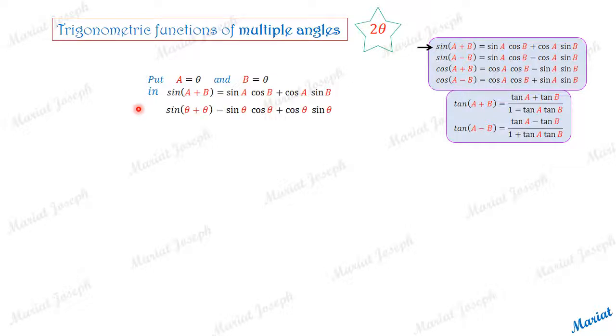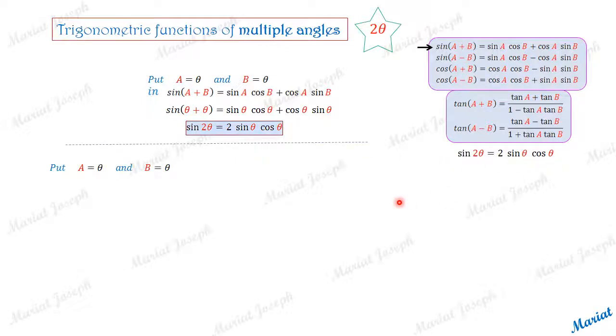Then the equation changes to sine theta plus theta equal to sine theta cos theta plus cos theta sine theta. We have just replaced A and B by theta throughout. So the LHS is now sine theta plus theta, which is sine 2 theta. RHS is sine theta cos theta, again sine theta cos theta, so twice of sine theta cos theta. This is the first formula. Sine 2 theta is equal to 2 sine theta cos theta.